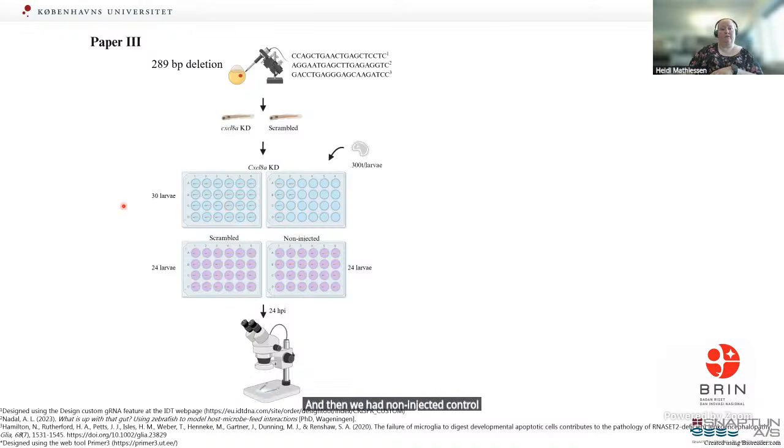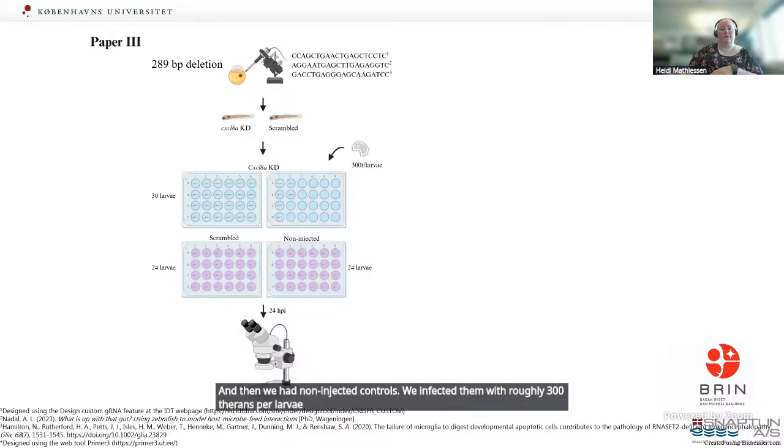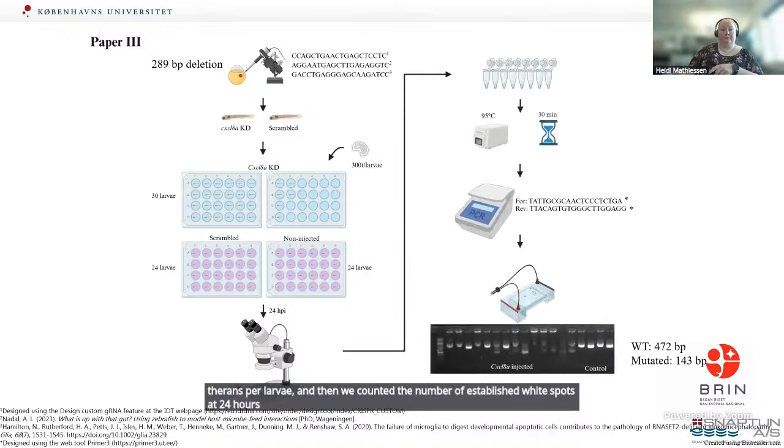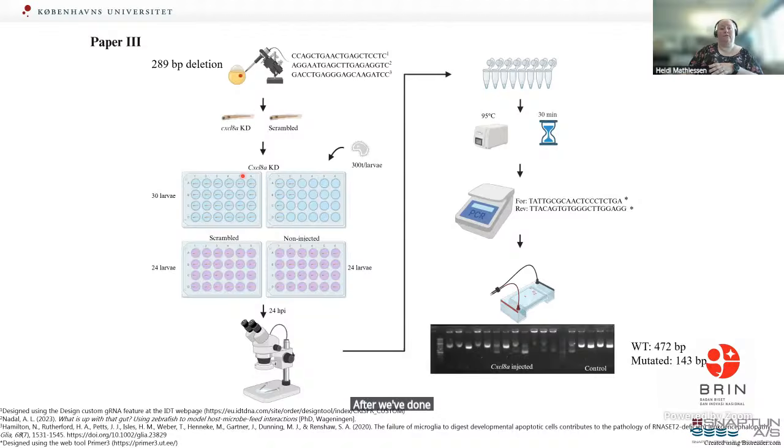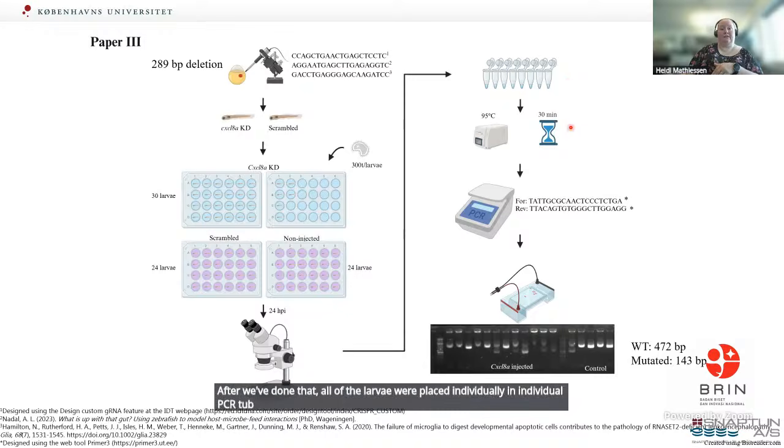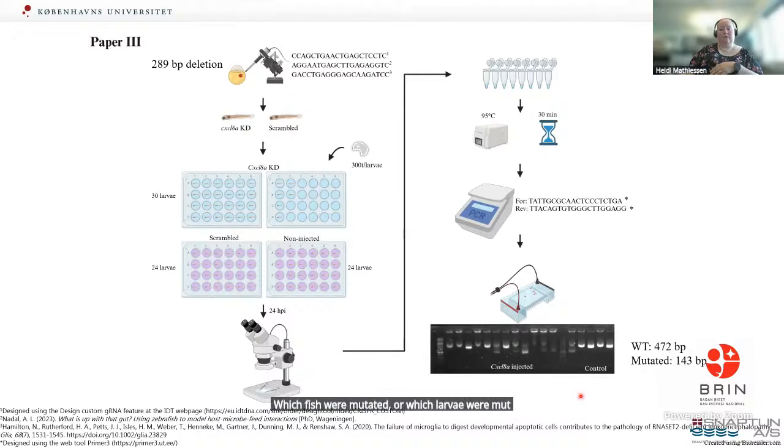We infected them with roughly 300 theronts per larva, and then we counted the number of established white spots at 24 hours. After that, all of the larvae were placed individually in PCR tubes. We incubated them at 95 degrees for 30 minutes before running a PCR, allowing us to identify which larvae were mutated based on the appearance of fragments.